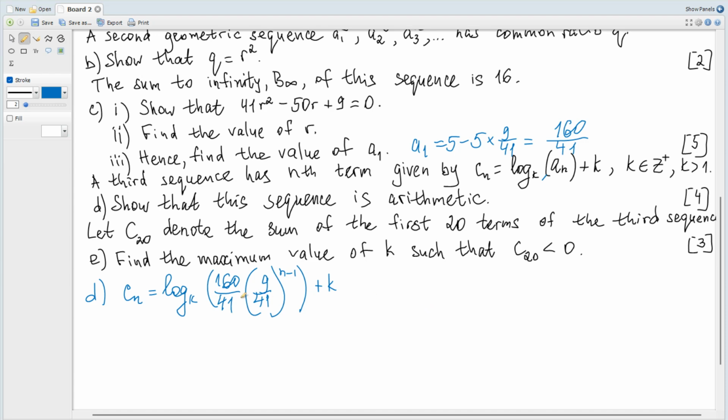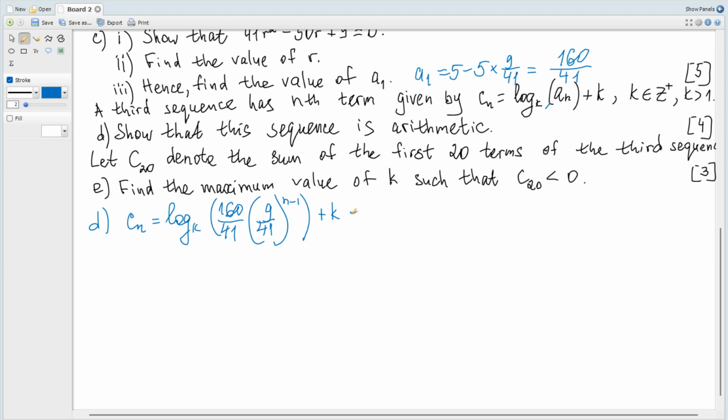We can use that log to the base a of a product is equal to the sum of two logs, and using that log to the base a of b to the power of n is n times log to the base a of b.